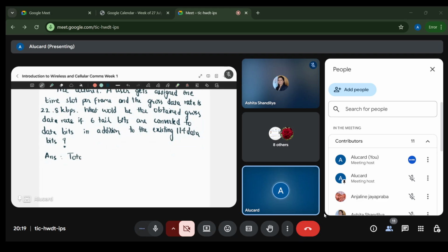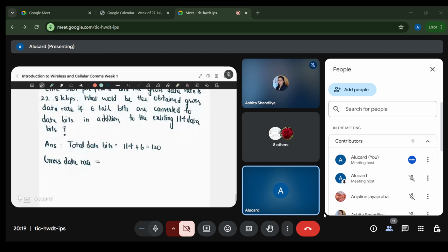So total data bits is 114 plus 6, which is 120. Gross data rate. You can check in the lecture that the frame was of duration 576.92 microseconds.